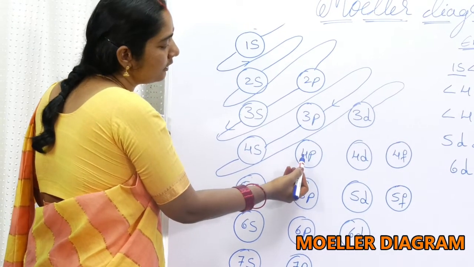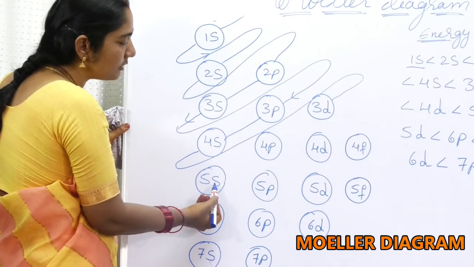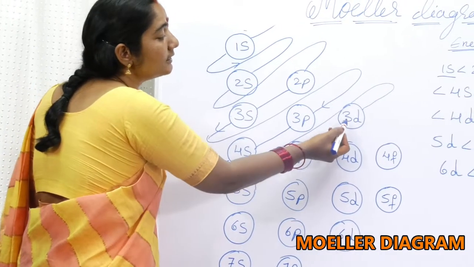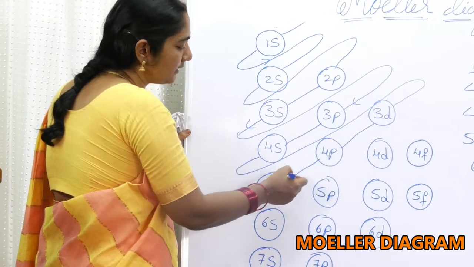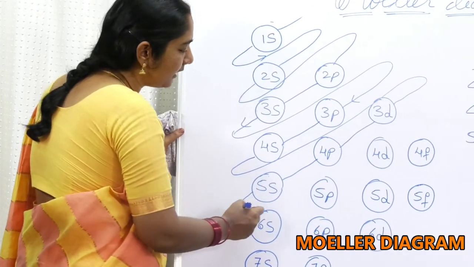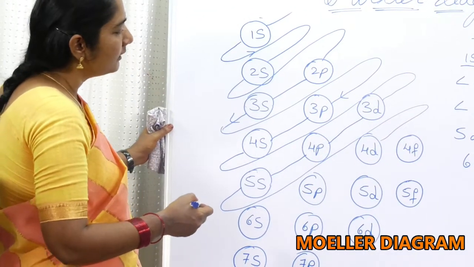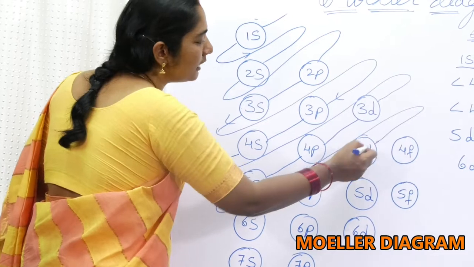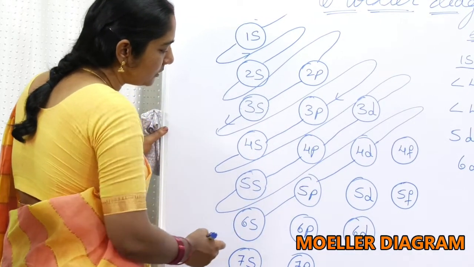Here also it is 4 plus 1, that is 5. Here also 5 plus 0, that also is 5. But we go for the least n value, that is 3. Next again 4p. Next come to 5s. Now again you go to 4d. Again you come to 5p. Again you come to 6s.